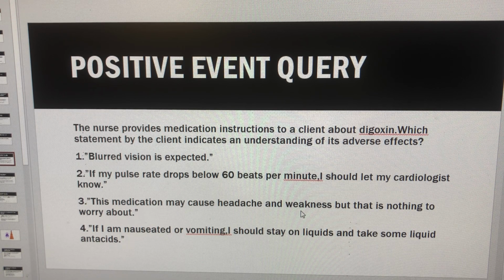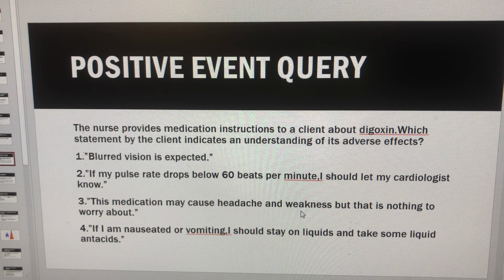Currently, it is considered second-line treatment for heart failure because of its narrow therapeutic range and potential for adverse effects. Adverse effects that indicate toxicity include gastrointestinal disturbances, neurological abnormalities, bradycardia or other cardiac irregularities, and ocular disturbances.